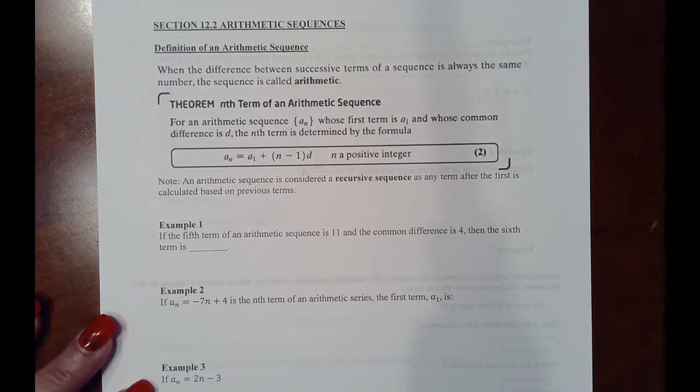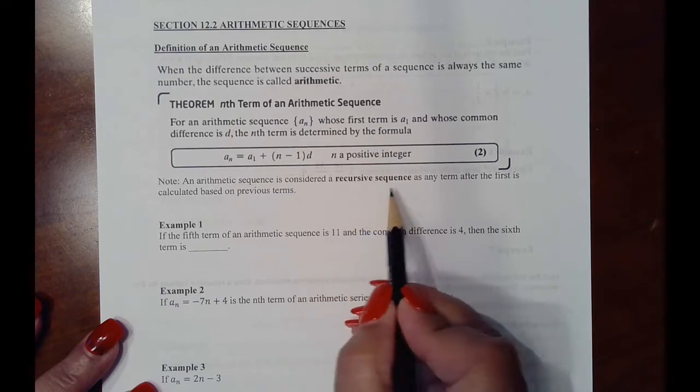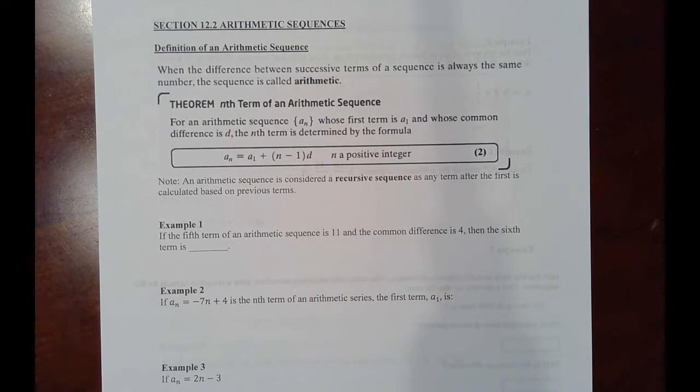Now, I want to make a comment that arithmetic sequences are considered recursive sequences. If you recall from the previous section, 12.1, a recursive sequence is any kind of sequence where a specific term can be calculated based on the term that occurs before it.